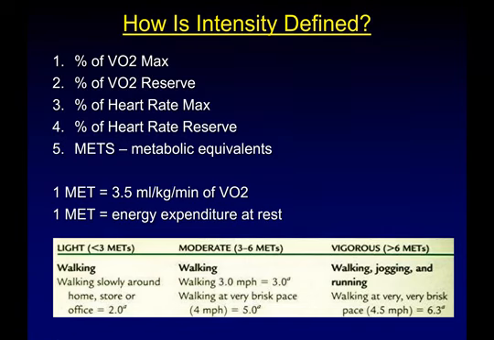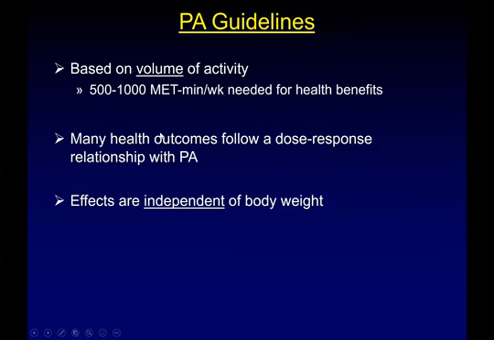So if we look at all of this, we assume that what you need to get health benefits is somewhere between 500 and 1,000 what we call MET minutes per week of exercise or physical activity. So if you need 500, if I need 150 minutes of moderate intensity activity, okay?